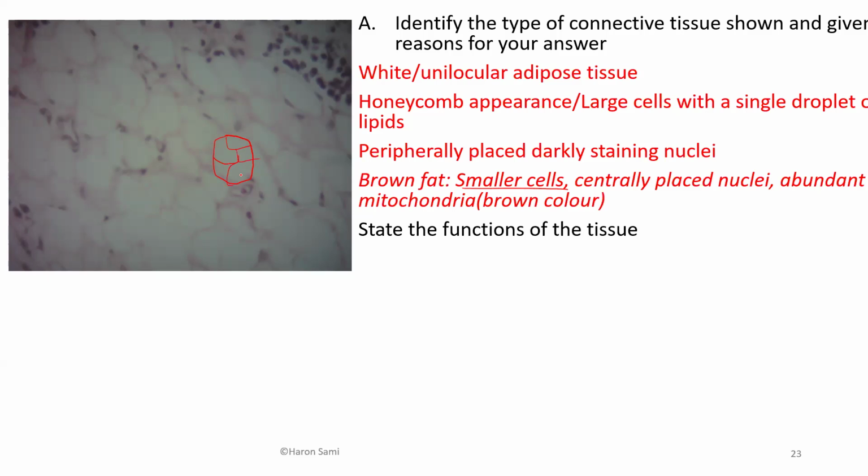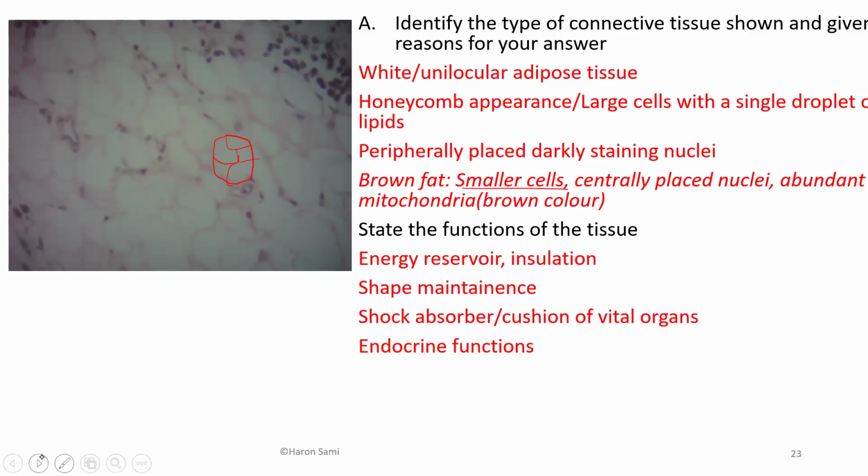What is the function of adipose? Shock absorber, insulation. Very good. Energy reservoir, also insulation, shape maintenance. Yes, it also maintains your shape. Endocrine functions.